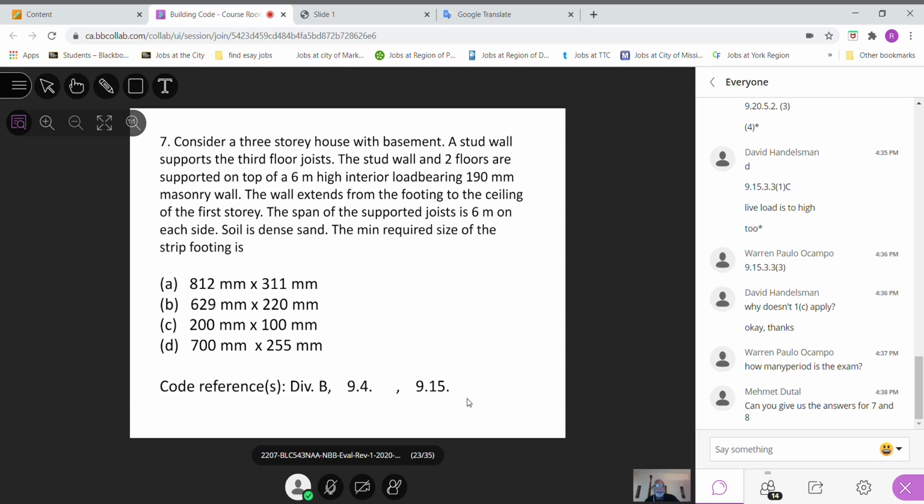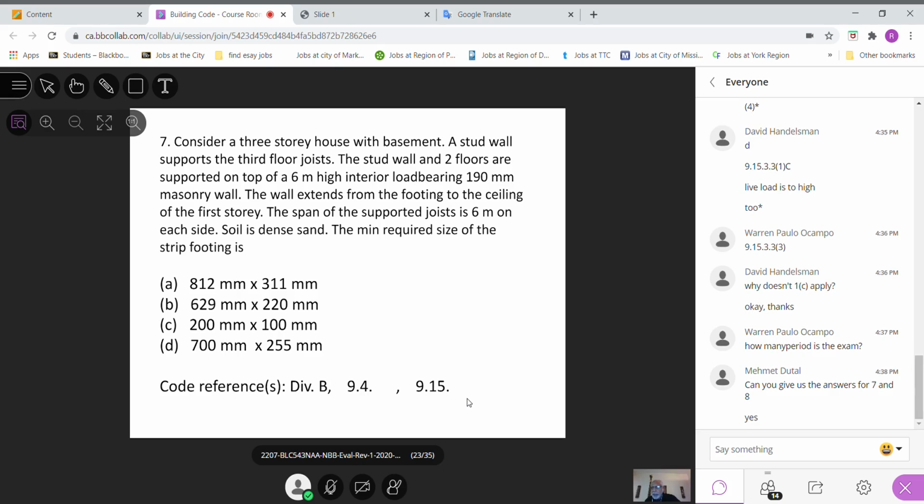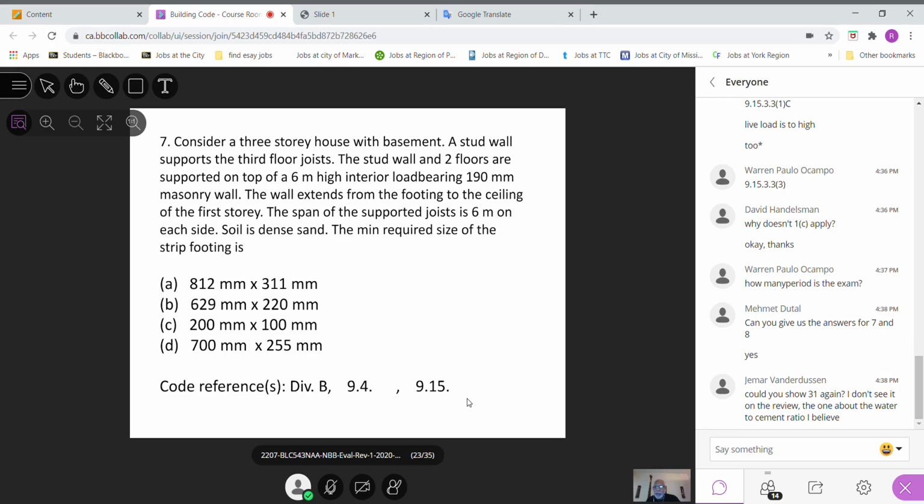Okay, here is 7. It says consider... Okay, it's not under review because I added it. The one about the water to cement ratio, I will show you that one at the end.